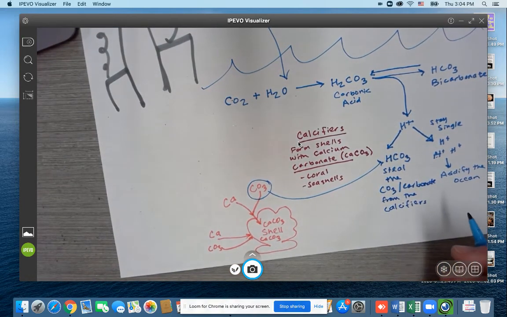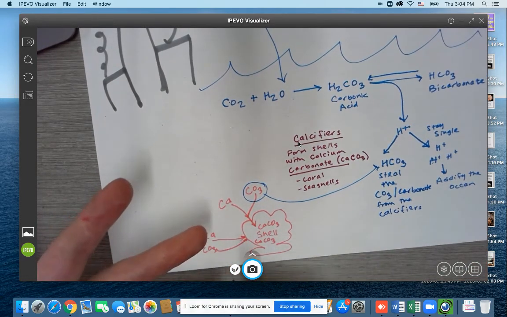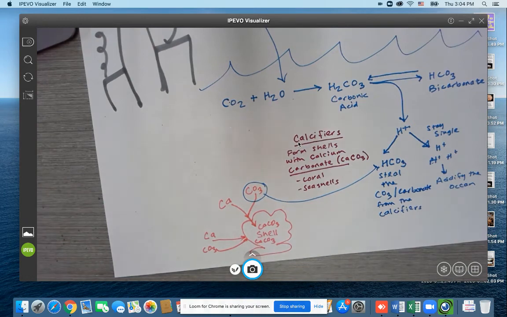So now you guys, all of the sudden, we are starting to see these shelled animals lose their shell, like slowly get weaker and weaker and weaker. Okay, this is going to be a problem. They're going to die. They're going to be more defenseless. They're not going to have enough energy to reproduce. So we're going to see a decrease in the health of the shelled animals and the coral reefs.